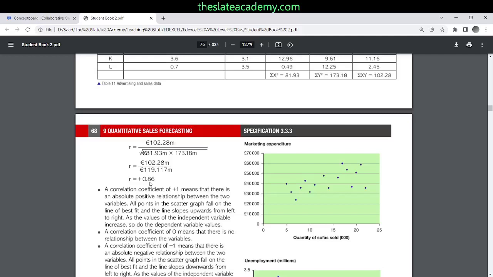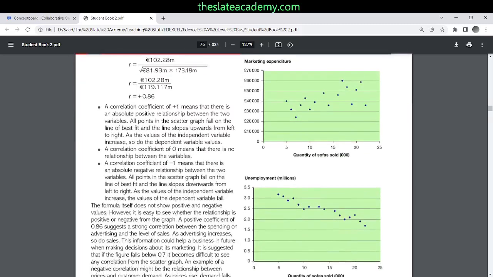For example, if I get a value of R equal to 0.4, 0.3, 0.25, then it's weak. If I get a value of R like 0.86, then it's a strong correlation. So these two values shown over here, this is a positive correlation but a weak one. This is a negative correlation but a stronger one.